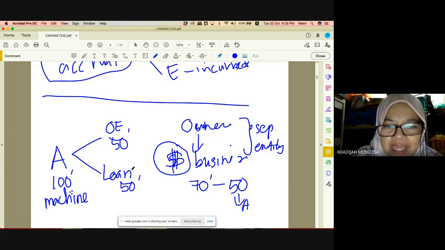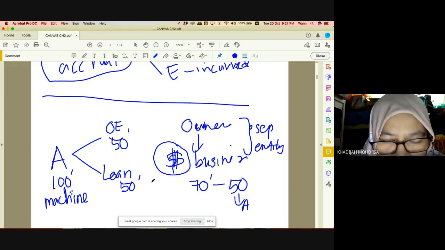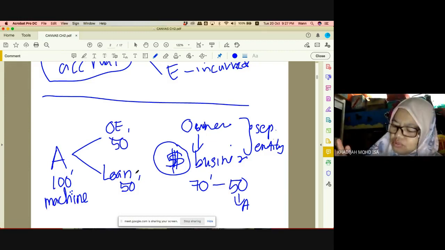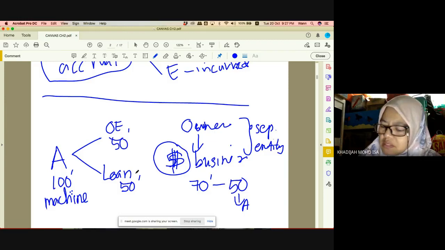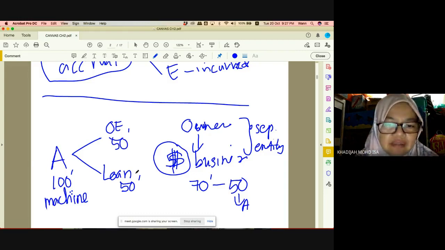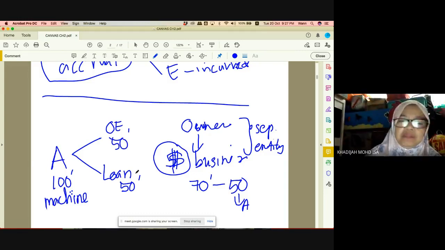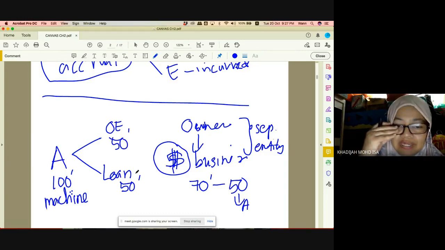At the same time, you also take up a liability. You take up a loan from the bank. Whenever you take up a loan, you have to pay the bank. But rather than paying 50,000 at once, you pay the bank in small installments, for example 5,000 per month, for so many months to fulfill that 50,000.